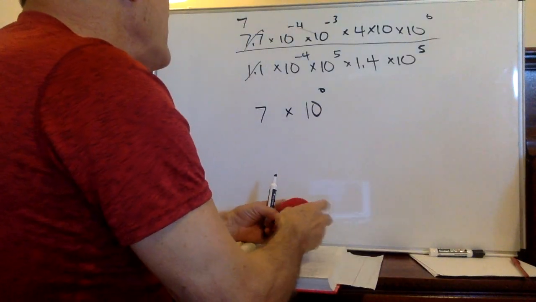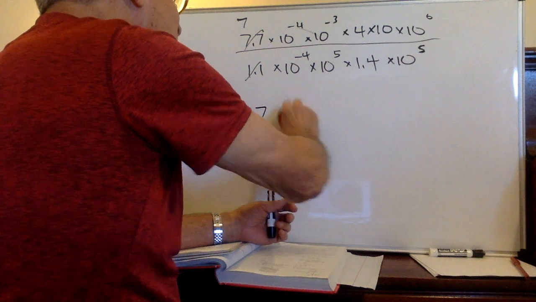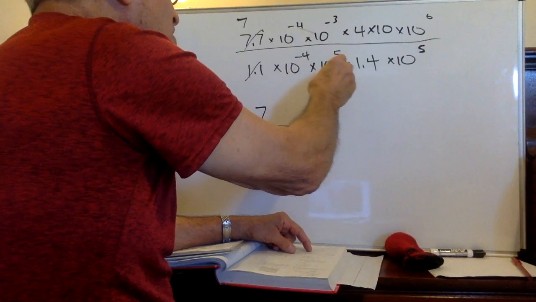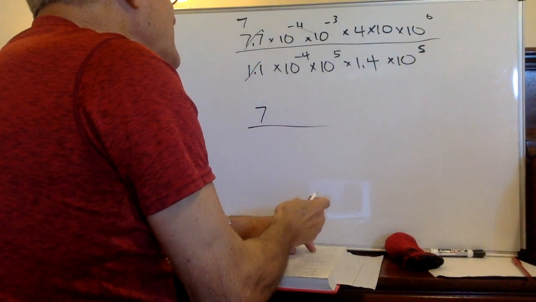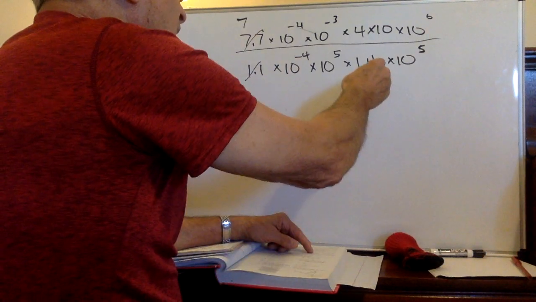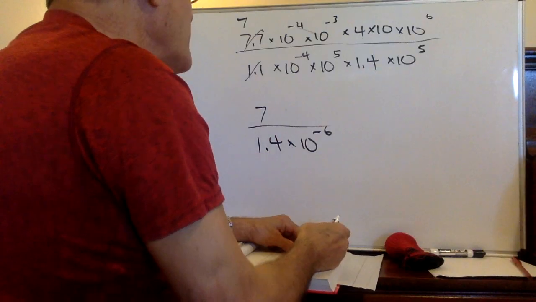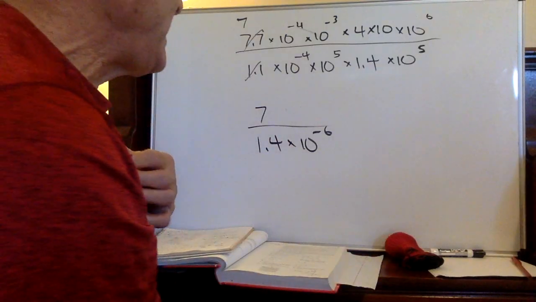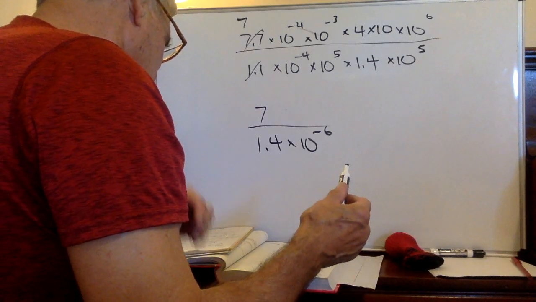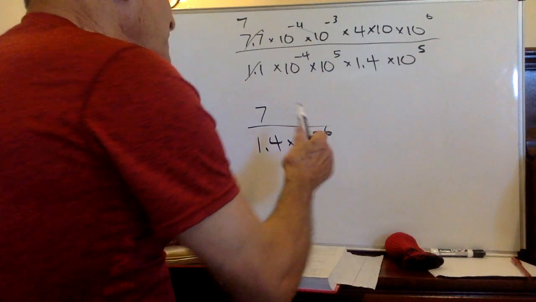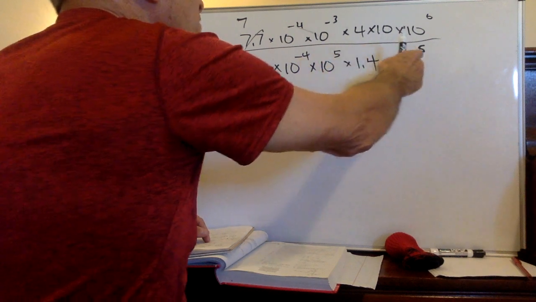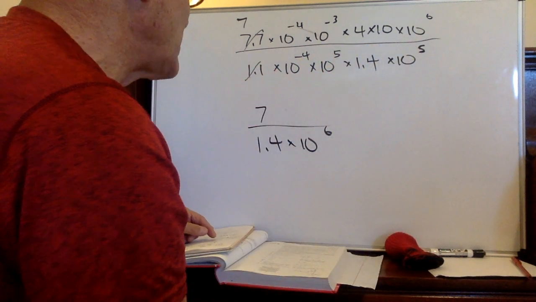So my numerator simplifies to just 7. And I've gotten rid of this 1.1. My denominator, negative 4 plus 5 plus 5 is 10 to the negative 6. And I have that 1.4. Excuse me, 10 to the 6, positive 6. 4 plus 5 plus 5 is negative 4 plus 10, or 6.